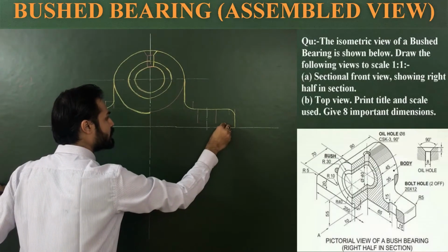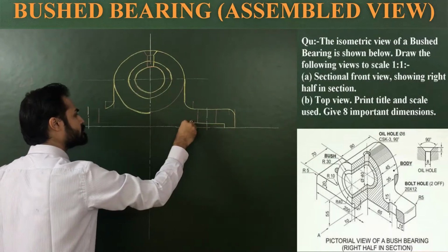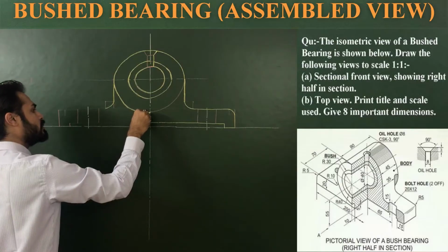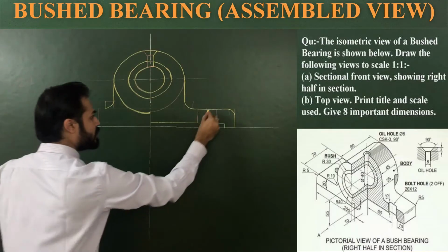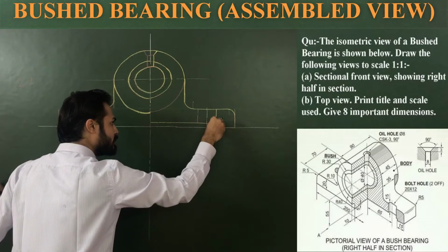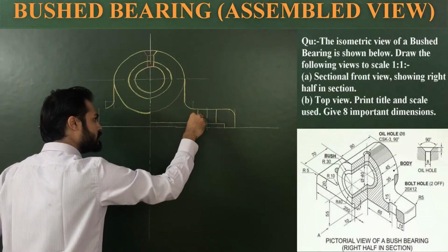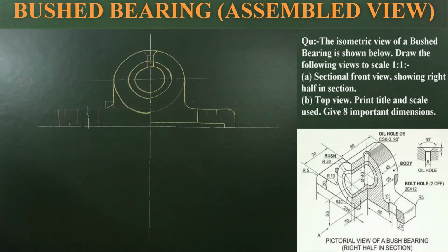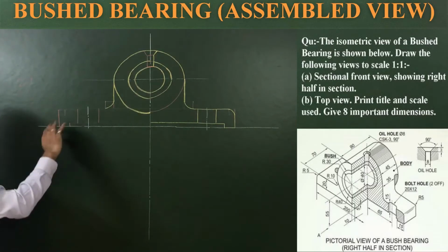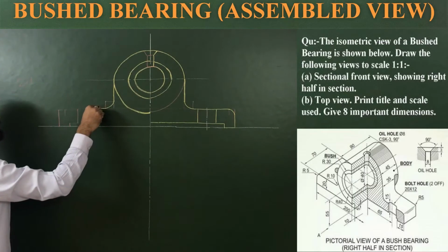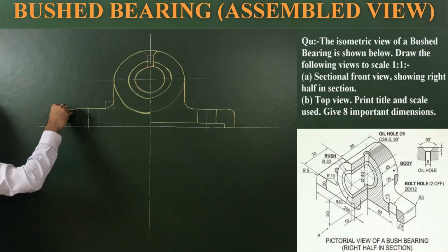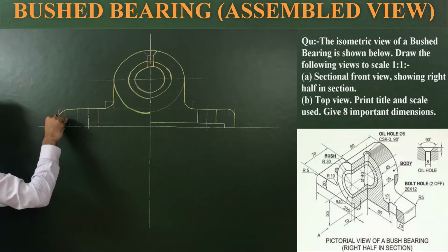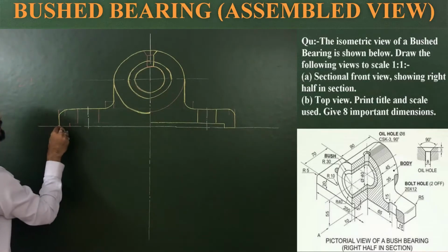Now for the right half in section, the cavity is to be shown like this up to the central vertical axis, and then these extreme edges of the bolt hole are also visible, but in the left half, the upper part is visible with fillet radius, like this.